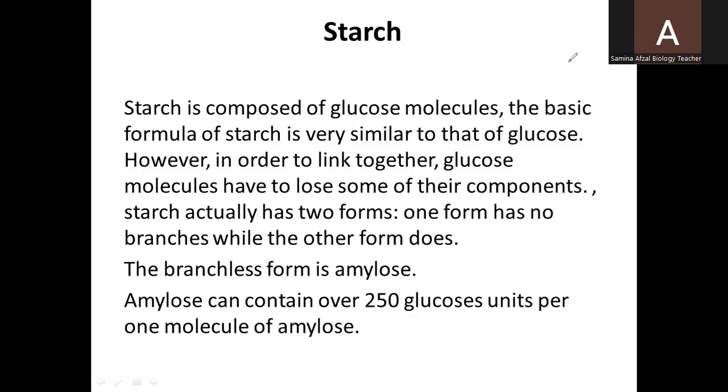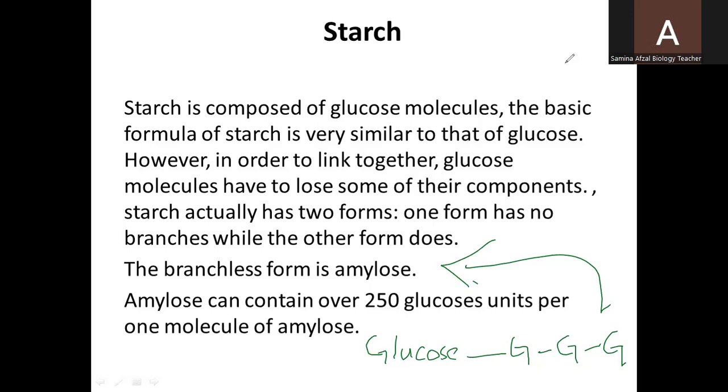One form has no branch. It is in the form of a long chain, which is called amylose. Amylose is made up of more than 25 glucose units per molecule of amylose. So glucose molecules are joined together and then they form the starch molecule, in the form which is amylose.